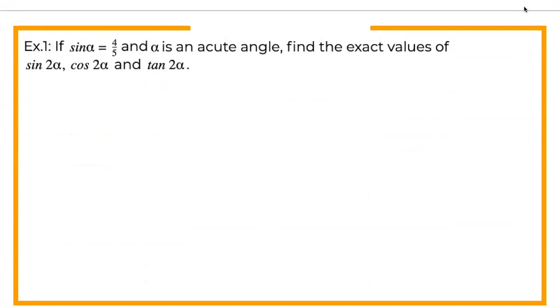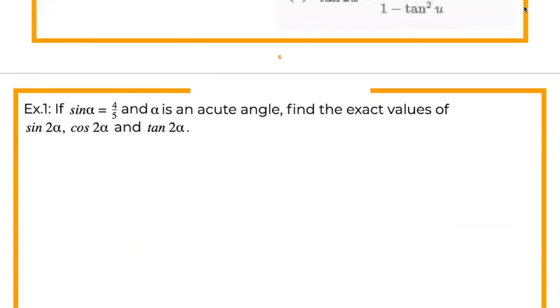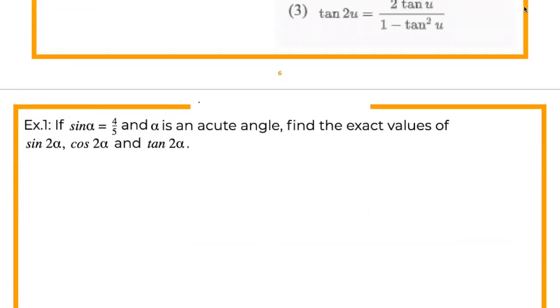So example number 1, if sine alpha equals 4 over 5 and alpha is an acute angle, find the exact values of sine 2 alpha, cosine 2 alpha, and tangent 2 alpha. So what does it mean for an angle to be acute?